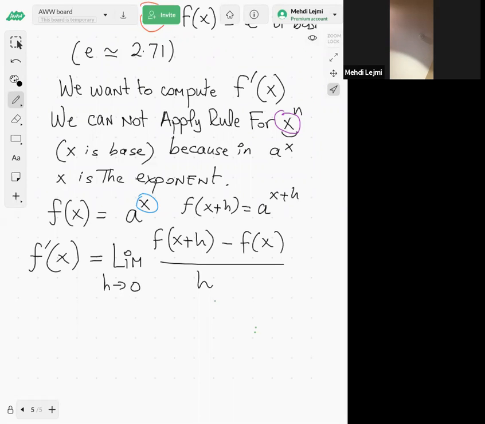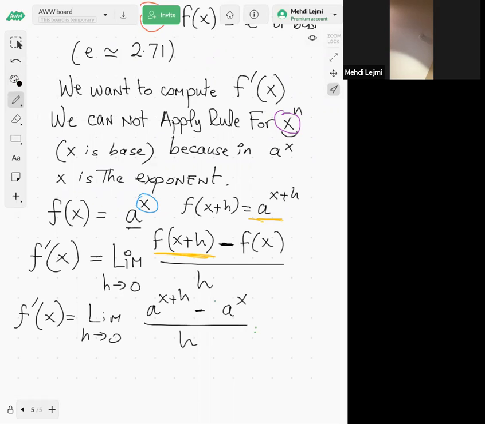So my f prime of x is the limit as h goes to 0 of a to the power x plus h, minus f of x, which is just a to the x, over h.